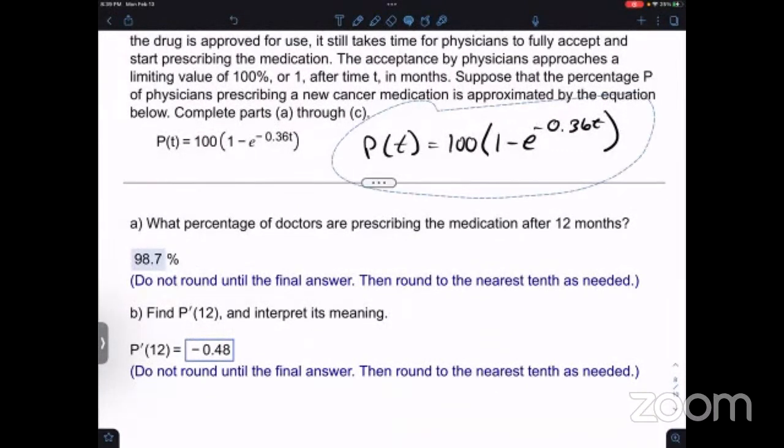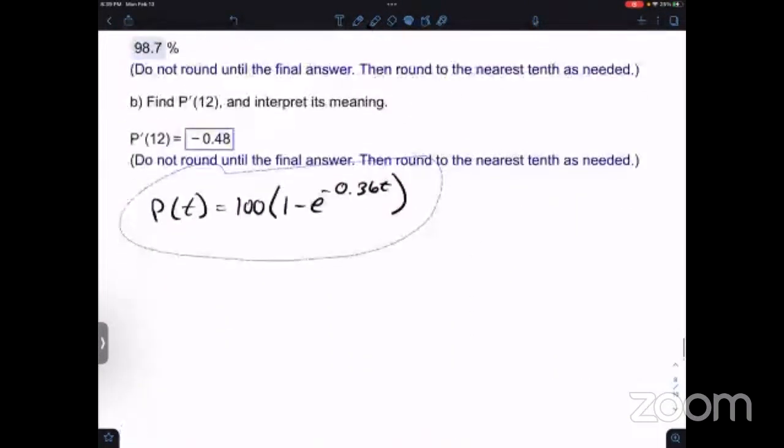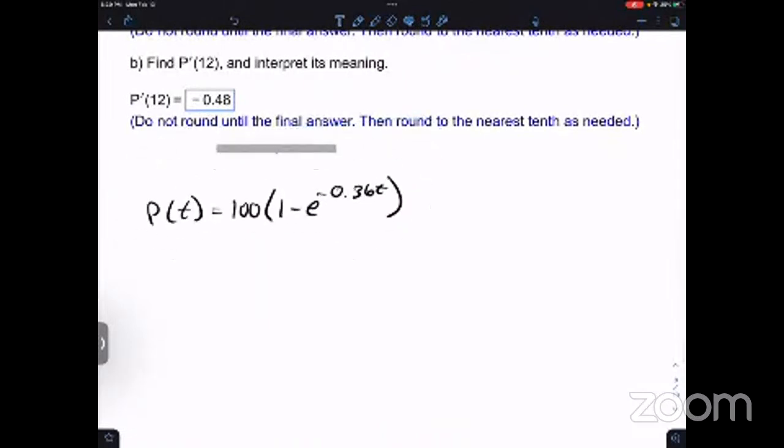So then when we go to find p prime, we're basically saying dy by dx, the derivative with respect to t of the right hand side, but this 100 you can just move in front of the derivative, right? So it's really just the derivative of this guy.